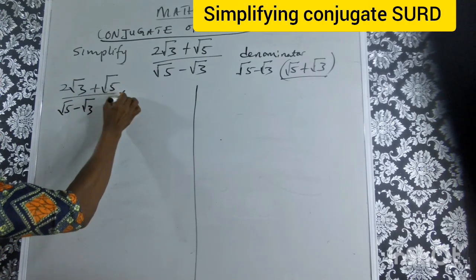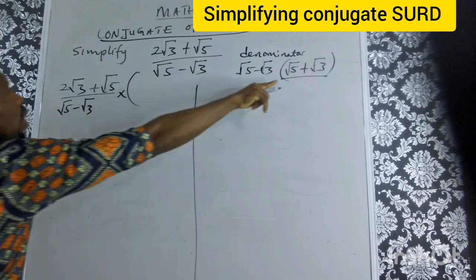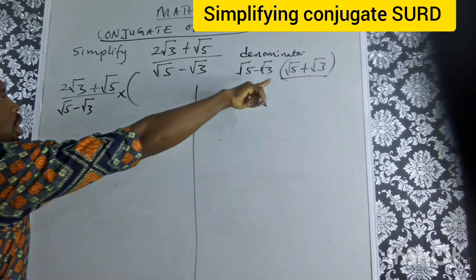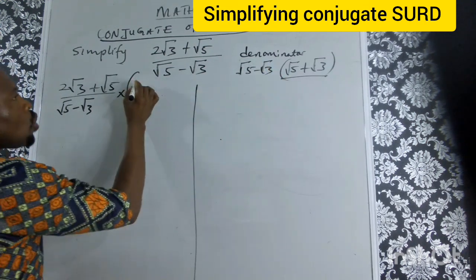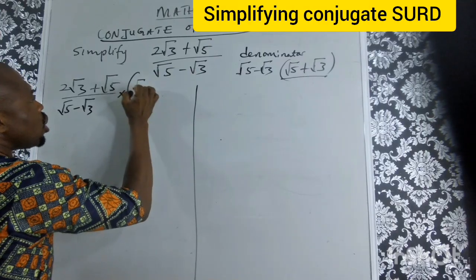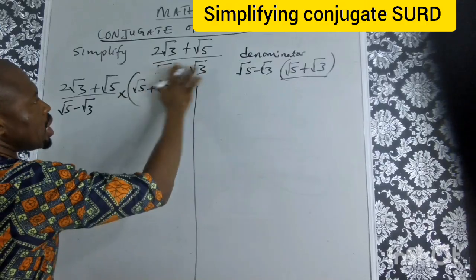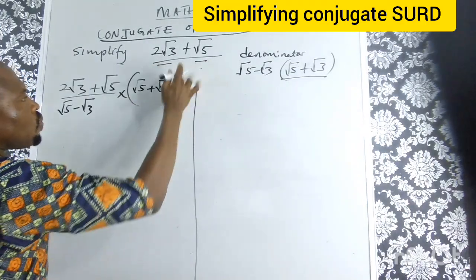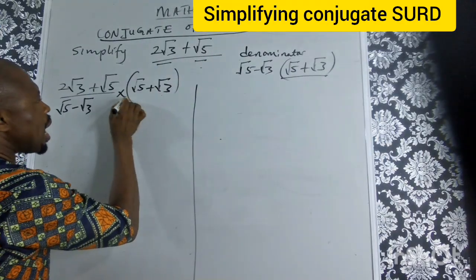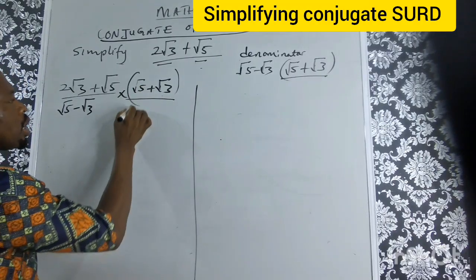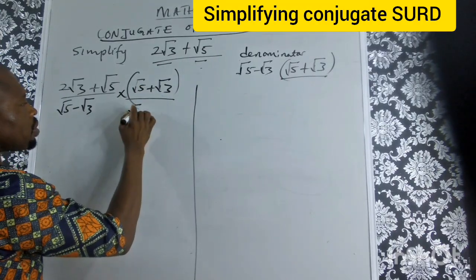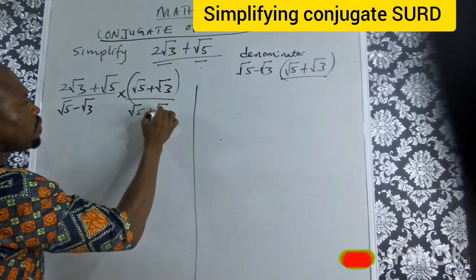Remember, you are multiplying through with this value, which is the conjugate. So we are multiplying through with root 5 plus root 3. Let me clean this so that you don't get confused. Divided by the same thing, square root of 5 plus square root of 3.